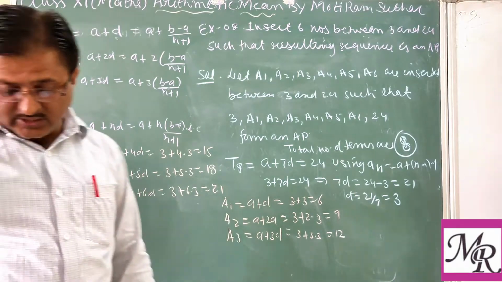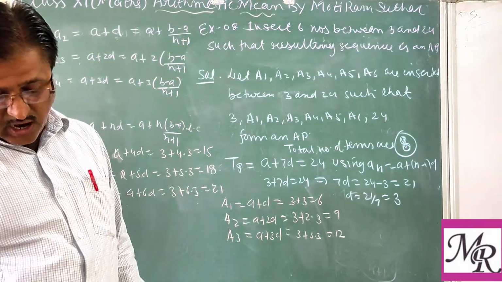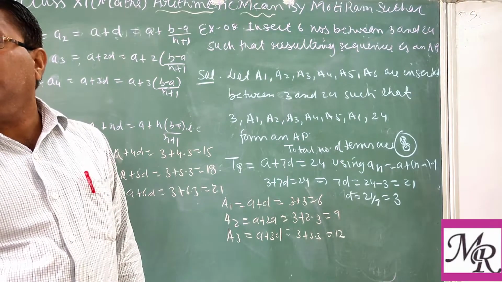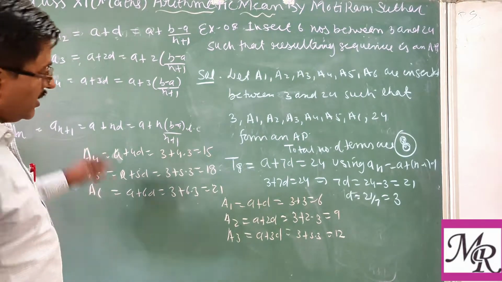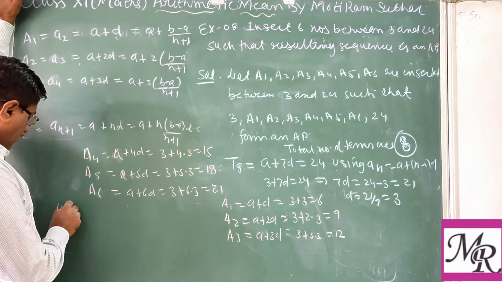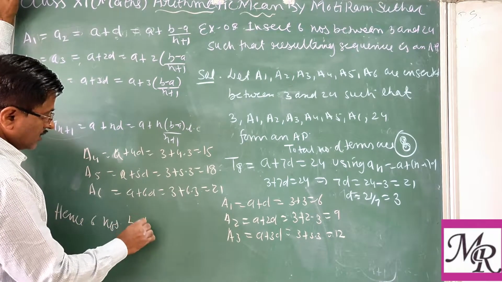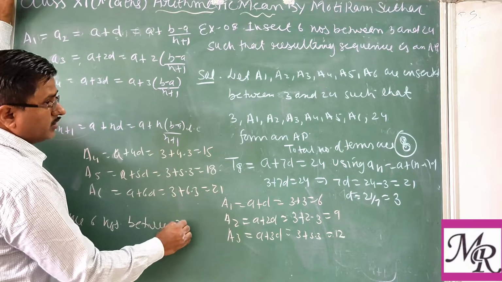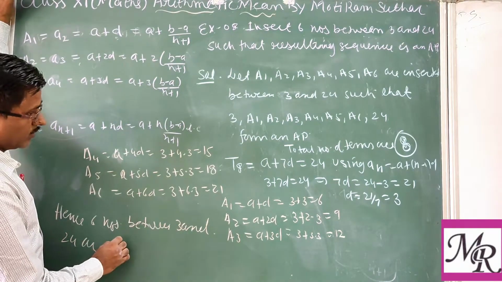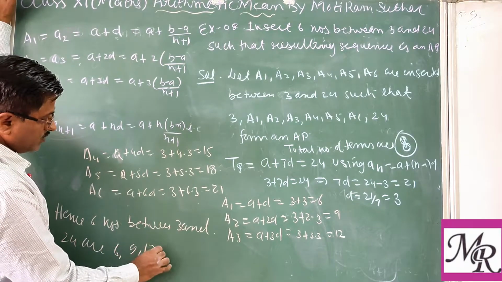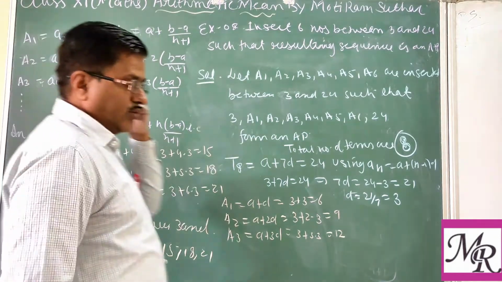So the required 6 numbers are 6, 9, 12, 15, 18 and 21. So at last, the 6 numbers between 3 and 24 are 6, 9, 12, 15, 18 and 21.